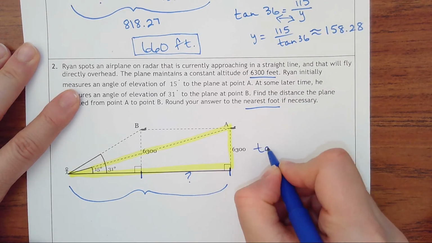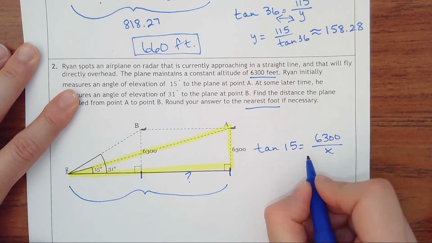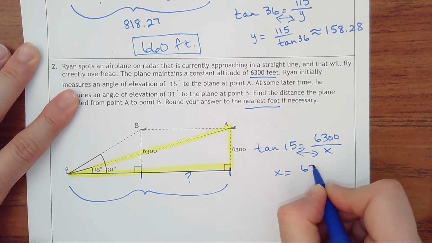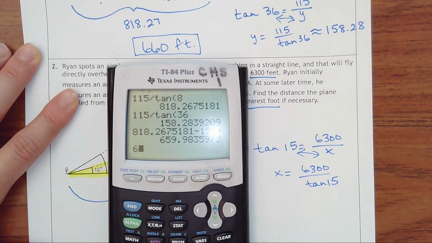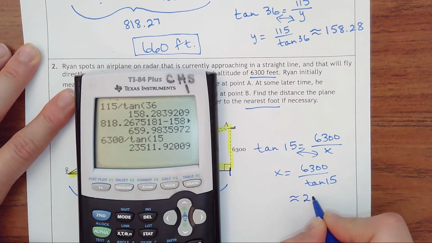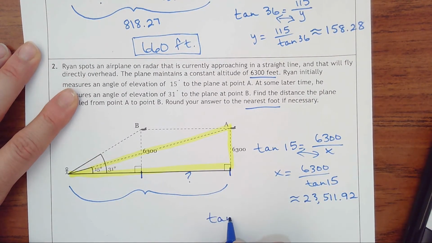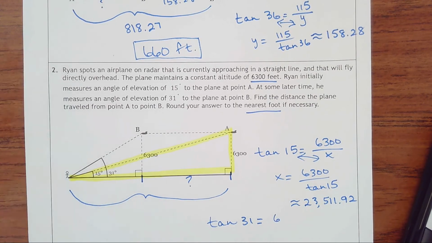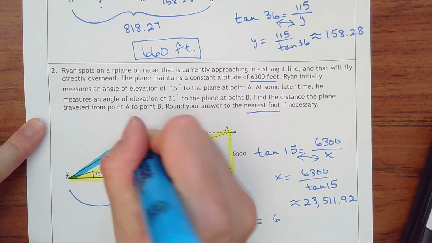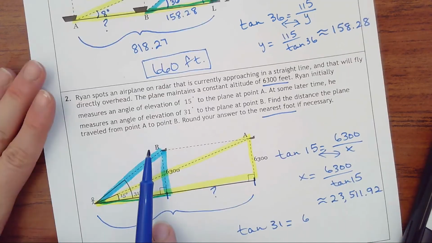Okay, so another tangent problem of 15 degrees would be opposite over adjacent. Remember, you're just going to swap. So x is found by taking 6,300 divided by tangent of 15. And I get 23,511.92. Okay, and then do the other one. Tangent of 31 degrees, same altitude. Now it's a bigger angle of elevation because he's having to look up more, but same height off the ground.